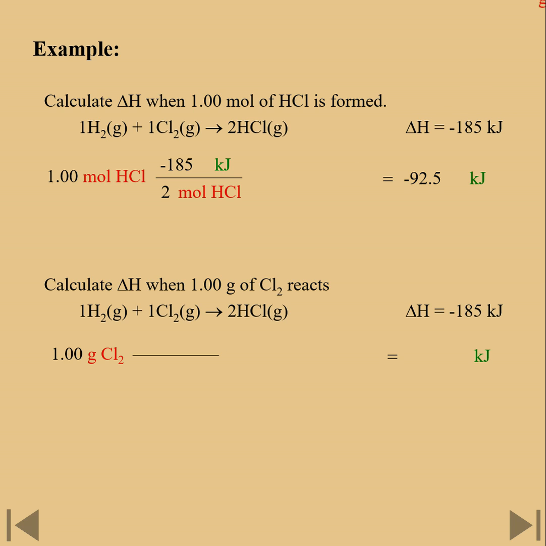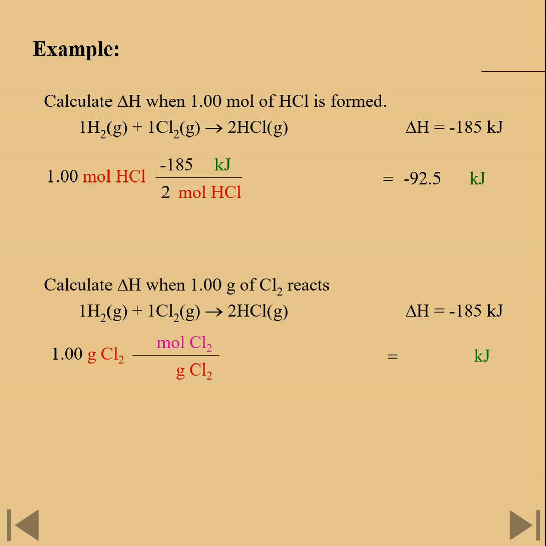And now step 3, nice and easy, let's get out of grams of chlorine. Gotta love the ease of using your units, and if you don't, then you need to practice more. Now, can we go straight from grams of chlorine to kilojoules? No. How are we going to get to kilojoules? From moles.